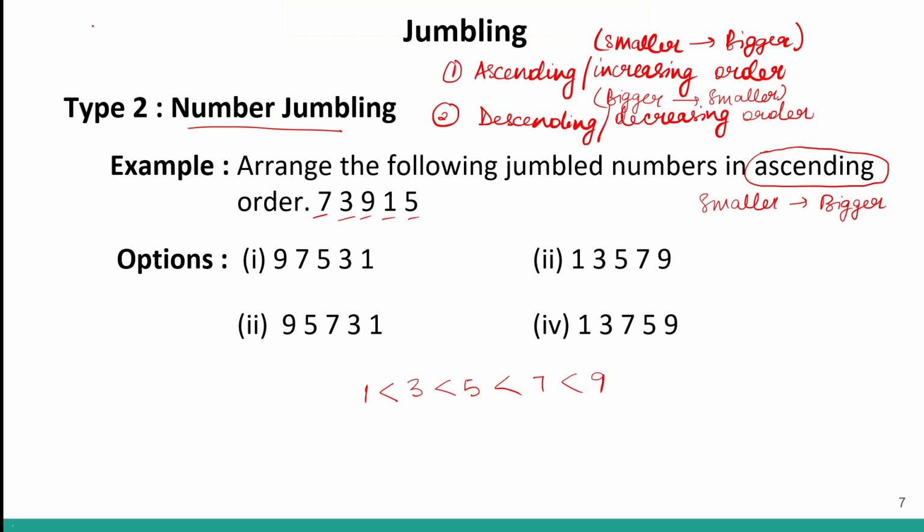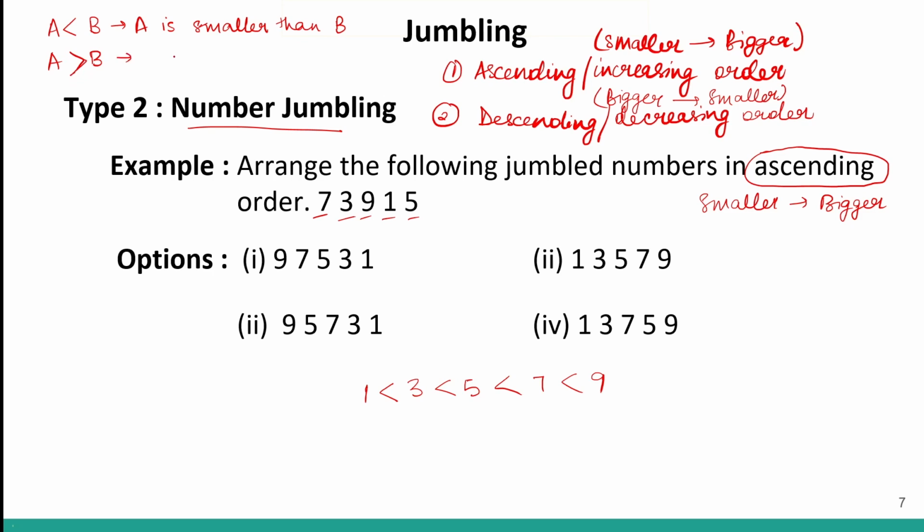Correct? Okay, signs, let me tell you. If you get something like this, A, this sign, then B, it means A is smaller than B. Okay? If you get like this, A, then this sign, then B, open gate. Remember it like this, open gate and closed gate.